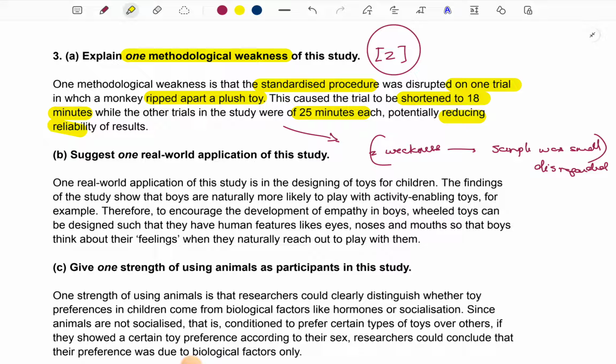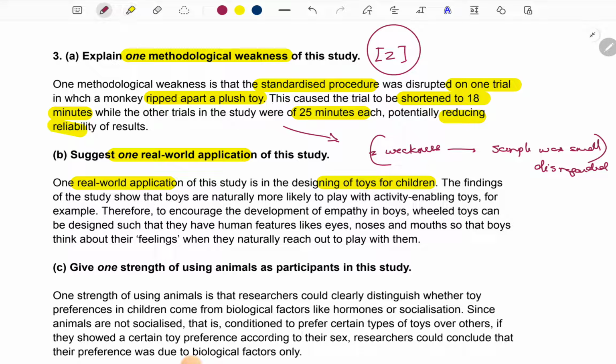The next question is actually more of an AO2 type, application: one real world application of the study. This is coming from issues and debates. For the issues and debates type of questions, answers are very straightforward. Just to name a point, one application is designing toys for children.